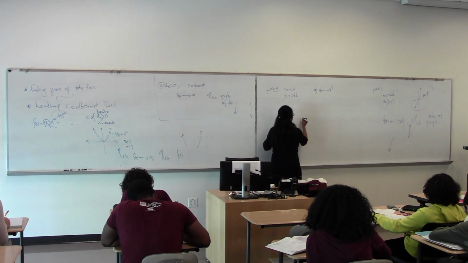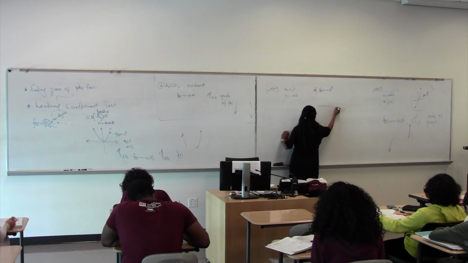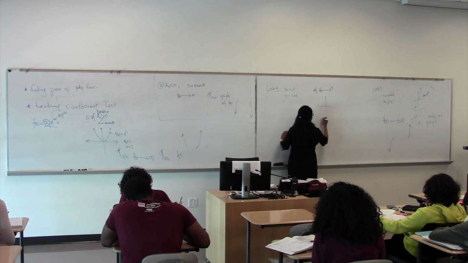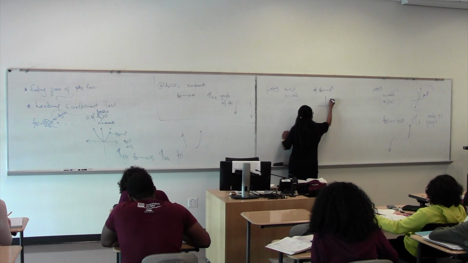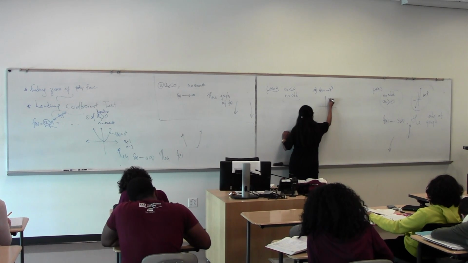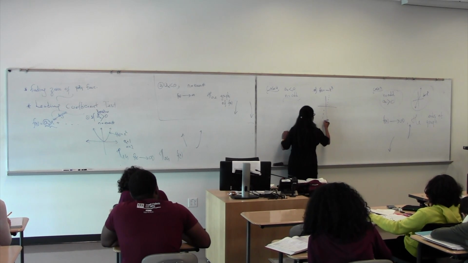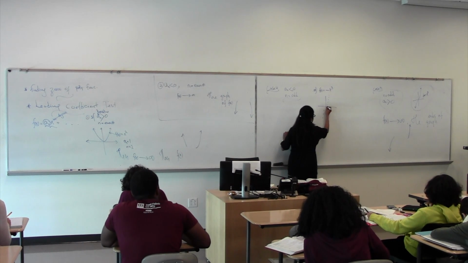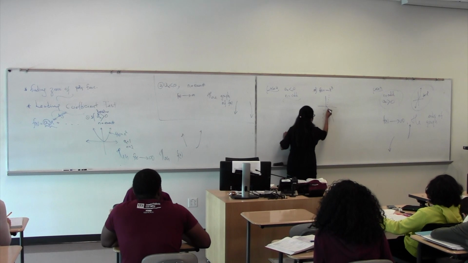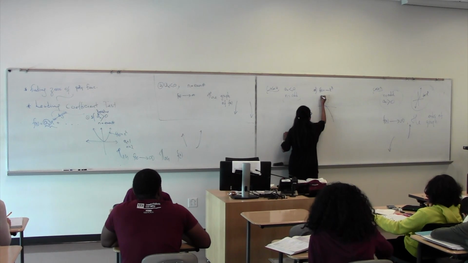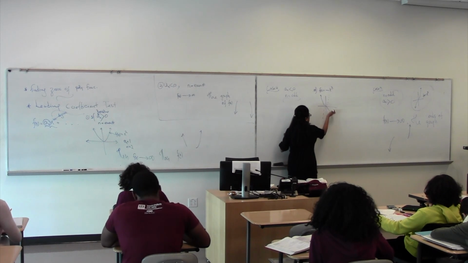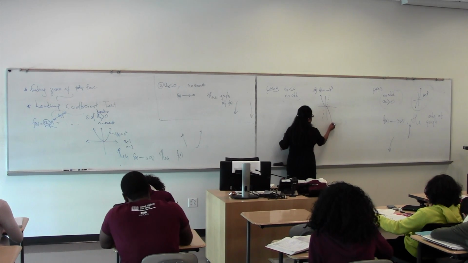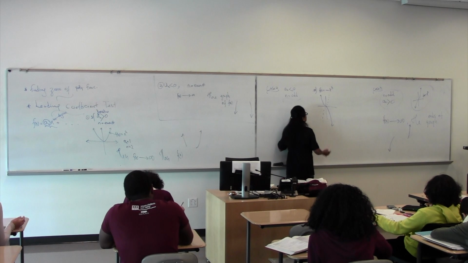Okay. So we know how this one goes. This represents this, right? Yeah, this is the reflection through the x-axis. That's the reflection through the y-axis.